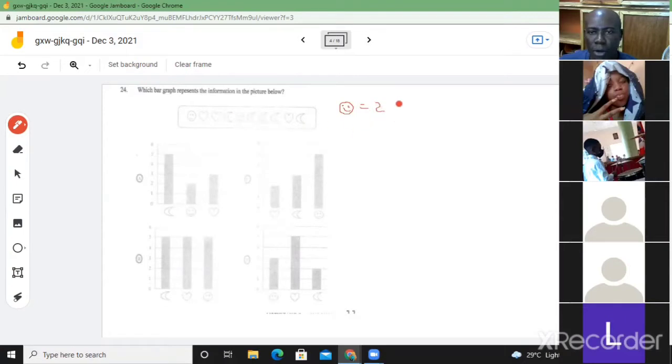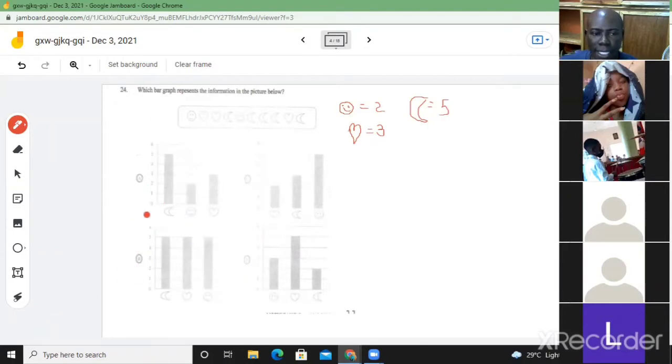And if you're talking about heart, 3. And if we're talking about the crescent, 5, sir. All right. So therefore, we're trying to look at this.